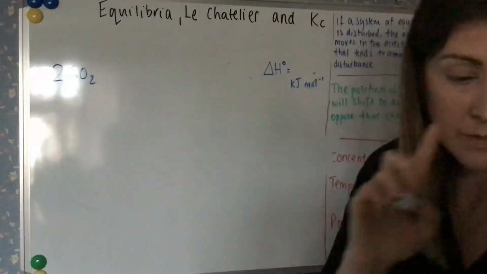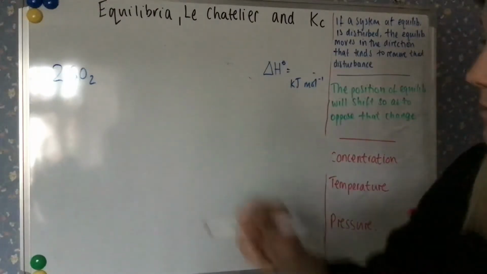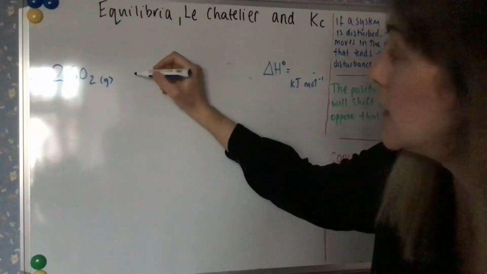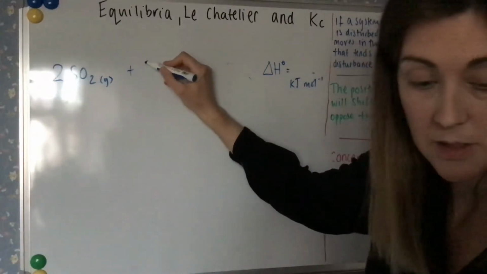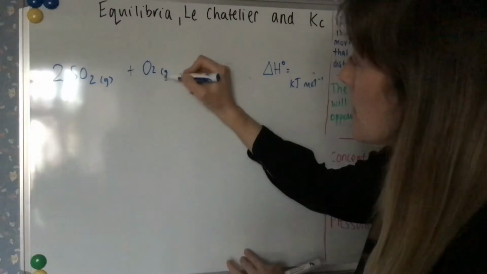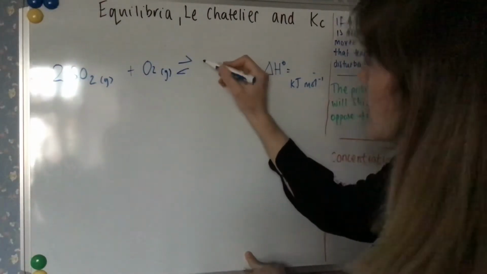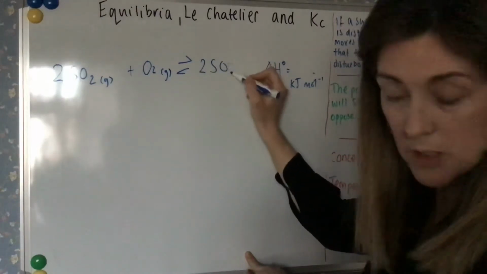I'm always going to give you the reactions in your textbook and your syllabus, because they're the ones I think you're probably likely to be asked about. So we've got that, SO3.